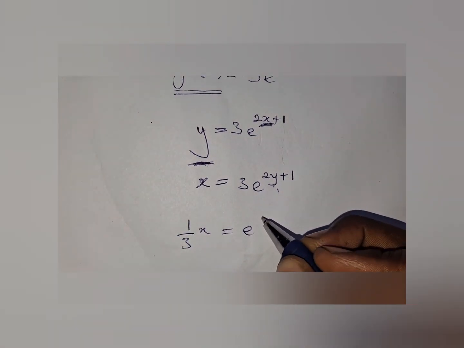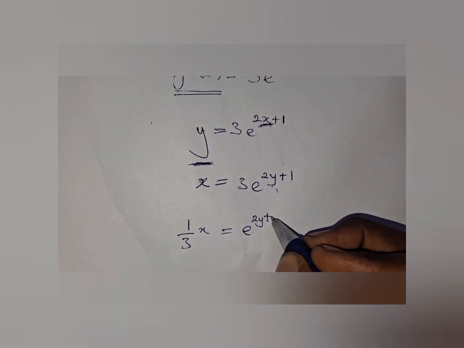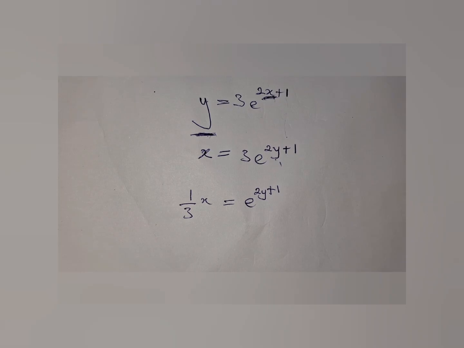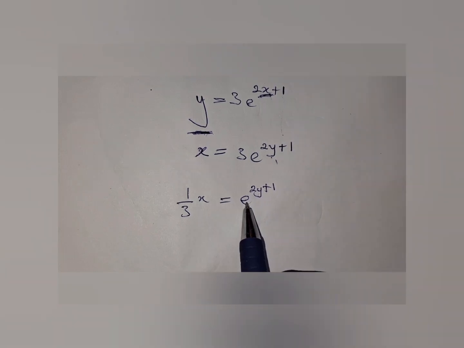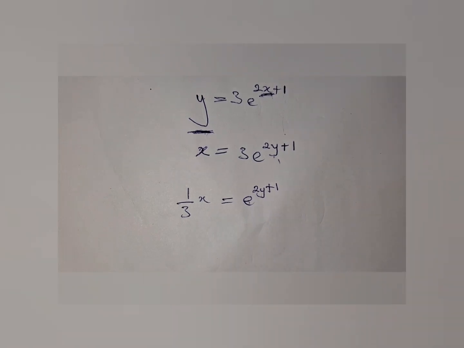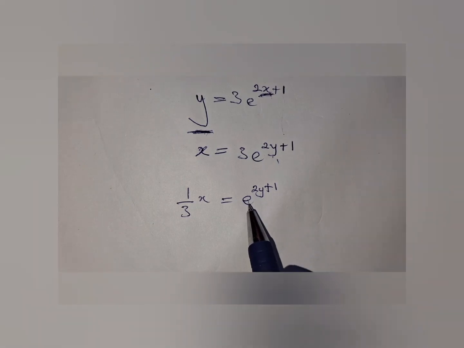of 2y plus 1. Now, having this, we are supposed to find a way that can let us extract this y. Now, 2y plus 1 is the power, and the base is e.